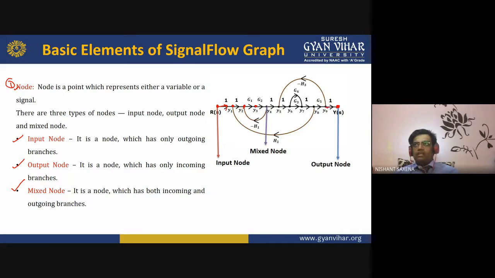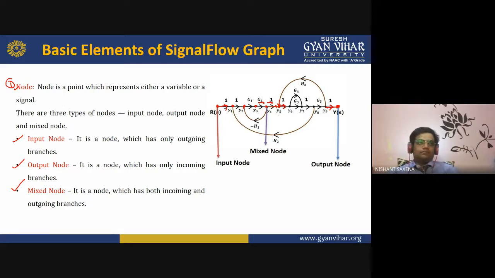It has only one incoming branch and no outgoing branch. The mixed nodes are those which have both incoming as well as outgoing branches. For example, look at this node. We can see that we have two incoming branches and one outgoing branch, so this is an example of a mixed node. I hope this is clear to you.